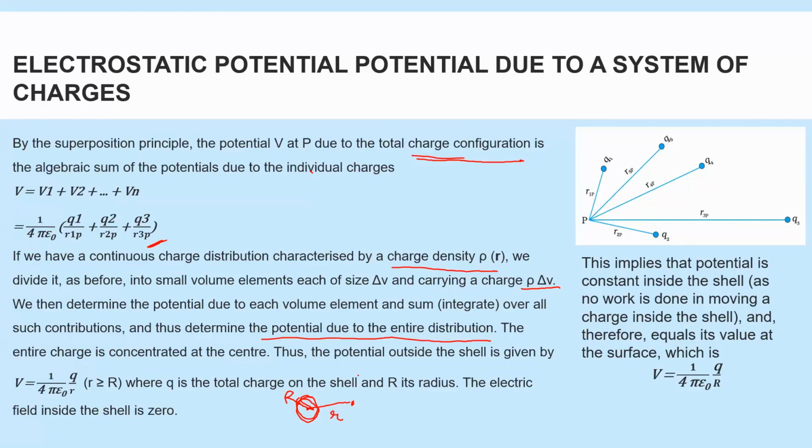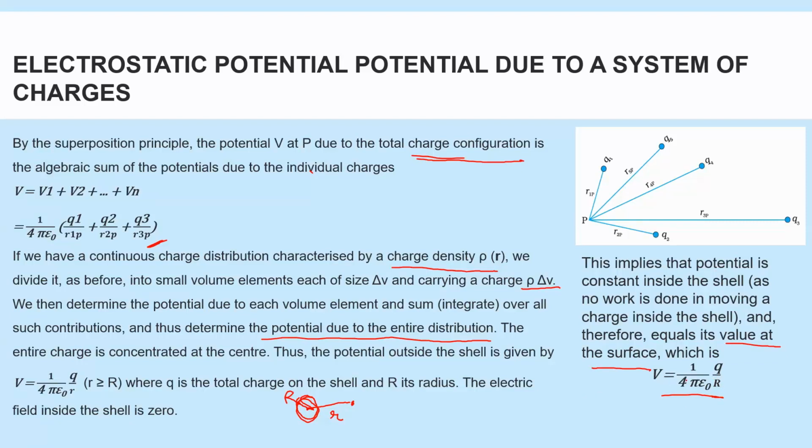What this implies is that the potential is constant inside the shell, since no work is done in moving a charge inside the shell, and therefore it equals its value at the surface itself. So whatever potential we consider inside the shell is equivalent to the value seen at the surface alone, where r is the radial distance.